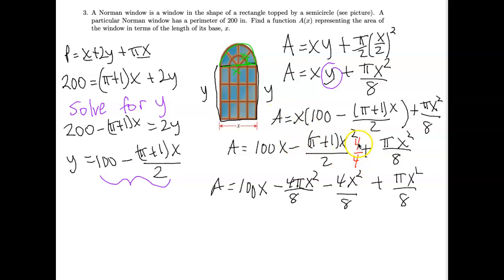So what happened was I distributed the 4, I distributed the negative. I can now combine this one and this one. So negative 4 pi x squared over 8 plus pi x squared over 8 is going to be negative 3 pi x squared over 8.